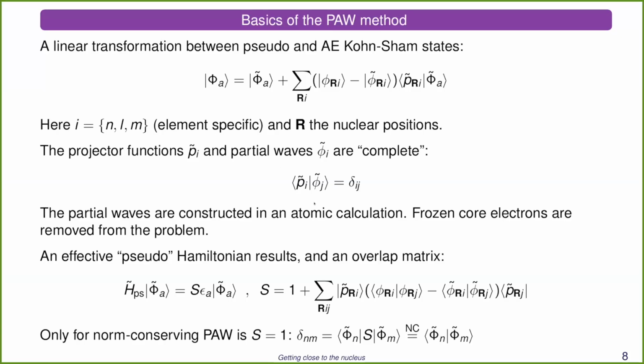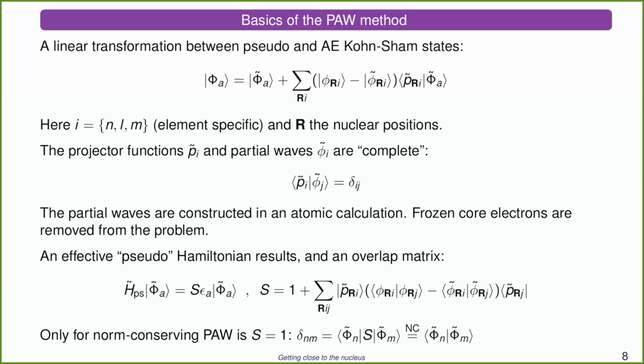You have to be able to expand everything in these partial waves and these projector functions. So that it leads to this requirement, which very often we assume is true, but is only true to some degree of approximation. This is all done in an atomic calculation, where the frozen core electrons are then indeed removed from the problem. And once you do this, you go through all the calculus, you finally get a pseudo-Hamiltonian, which looks like a pseudo-potential problem, and an overlap matrix.